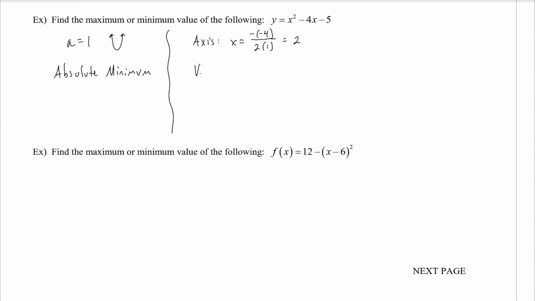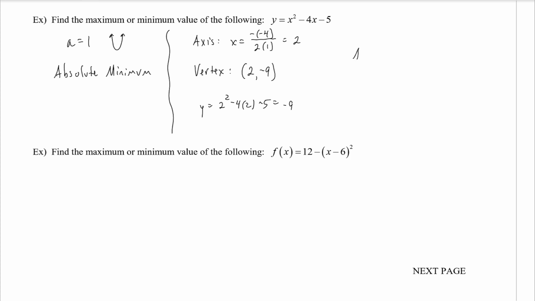So that makes the vertex 2, comma. Again, I prefer to just plug in the x to get the y. So it'd be 2 squared minus 4 times 2 minus 5. So it'd be 4 minus 8, -4, -9 maybe. So my vertex is at 2, -9.